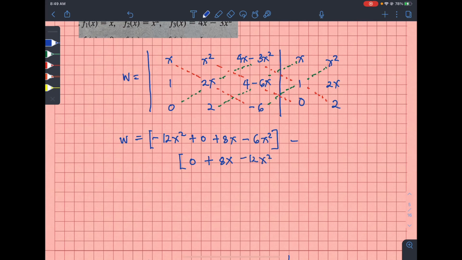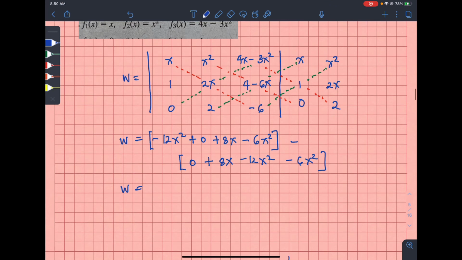And lastly, negative 6 times x squared will have negative 6x squared. So as you can see here, negative 12x squared minus negative, that would make it plus, so that would be 0. 8x minus 8x, 0. Negative 6x squared, negative negative plus 6x squared, that would be 0. So W would be equal to 0.